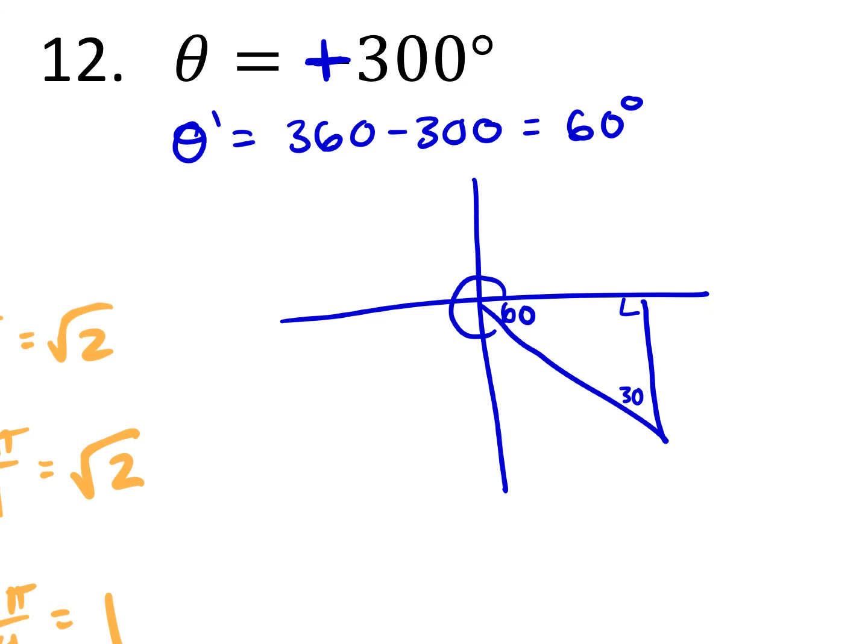So what is opposite of the 60? Just x square root 3. Opposite of the 30 would be x, and then our hypotenuse, 2x.